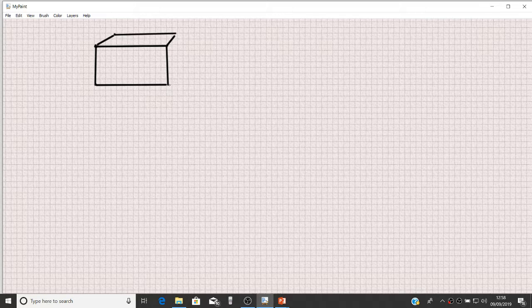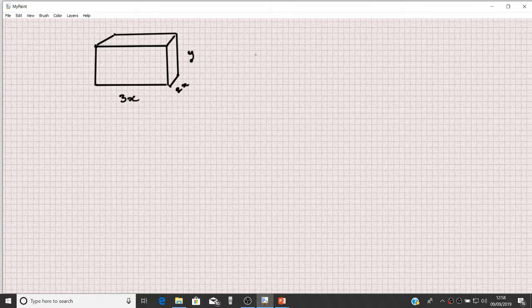So we've got y is the height. We have 2x along this side, and we have 3x. So that's the rough drawing of the cuboid.